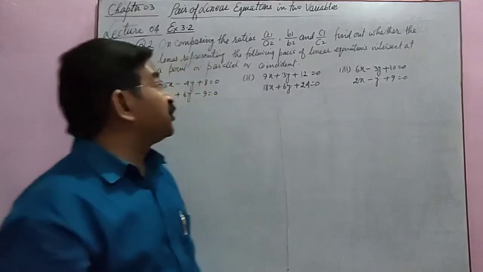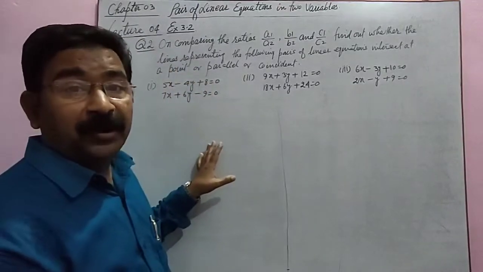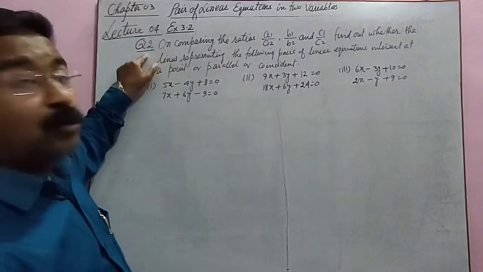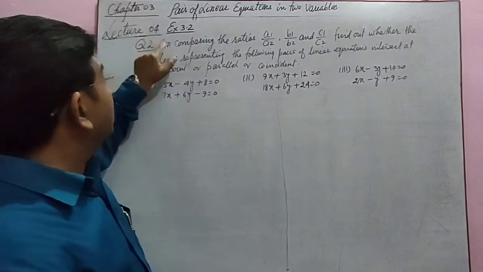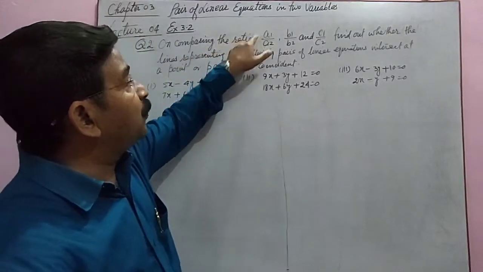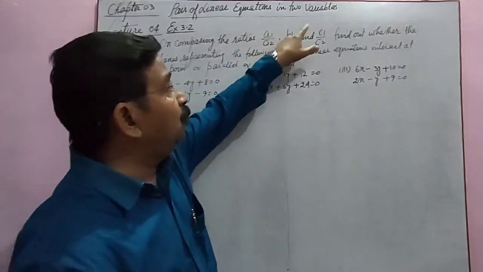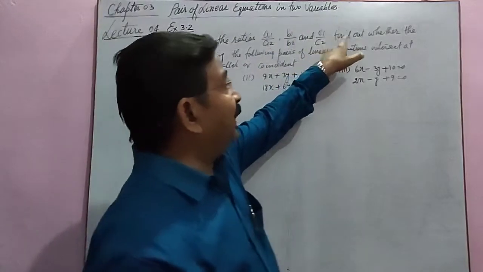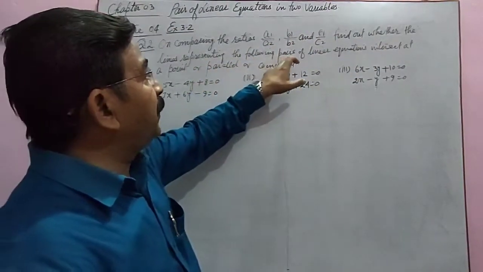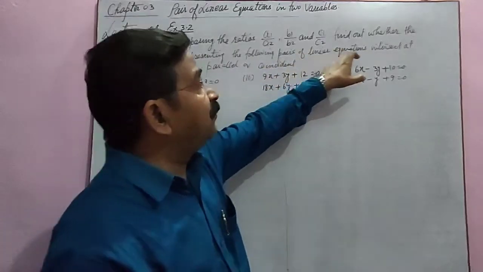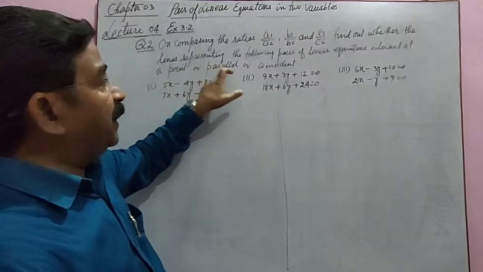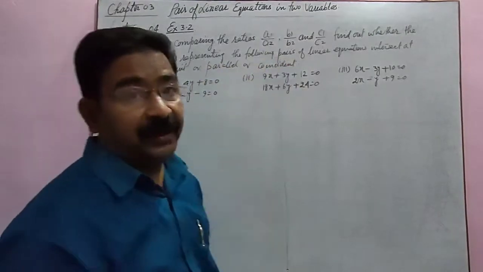Now we are coming to question number 2. Very important question and interesting question. Let's see. Question number 2, I am reading the instruction. Given that on comparing the ratios A1 upon A2, B1 upon B2, C1 upon C2, find out whether the lines representing the following pairs of linear equations intersect at a point, or parallel, or coincident.